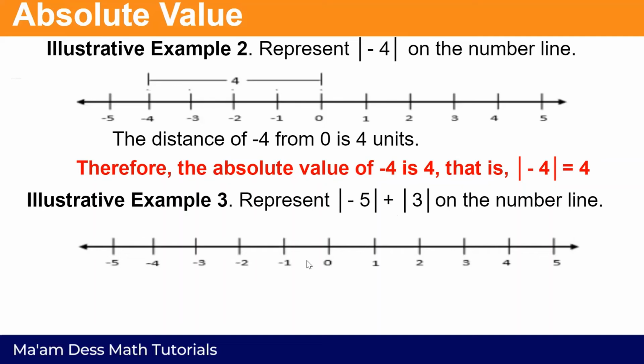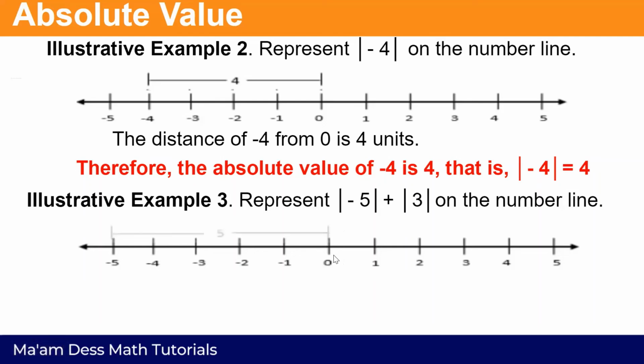And then to the left, right after 0, start from -1 to -2, -3, -4, and so on. Then look for -5. As we can see, here is the -5, to the left of 0.